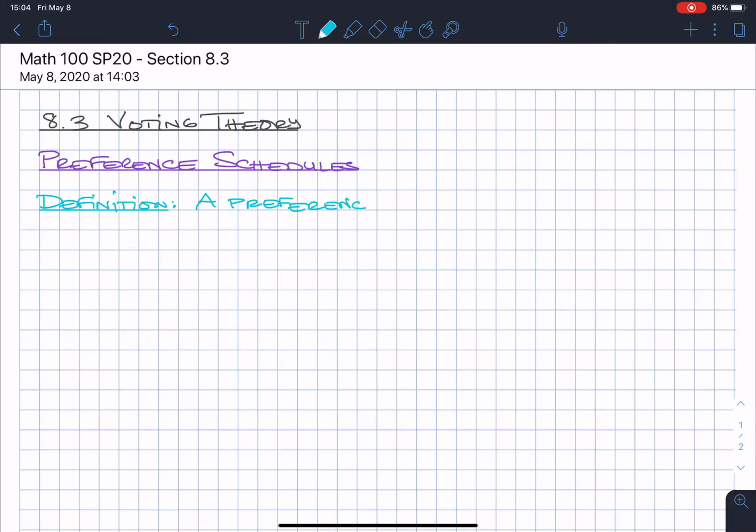A preference ballot has the voter rate their choices from first to last.